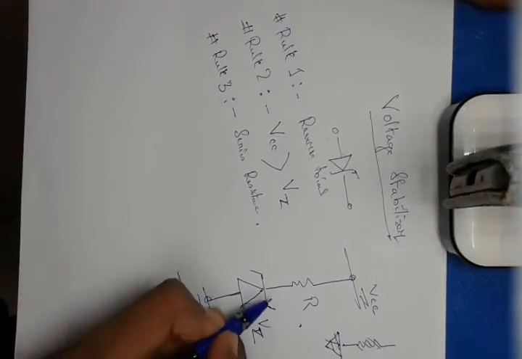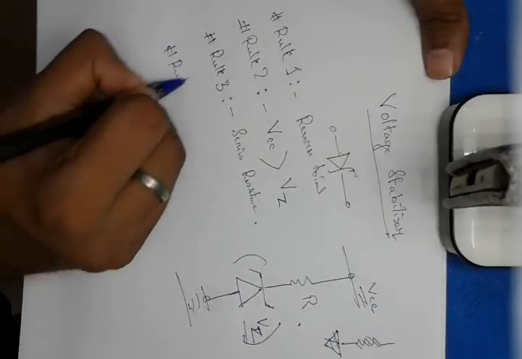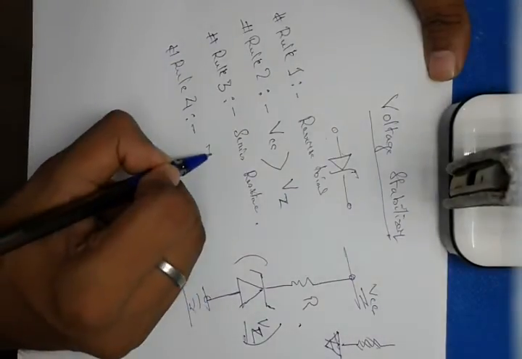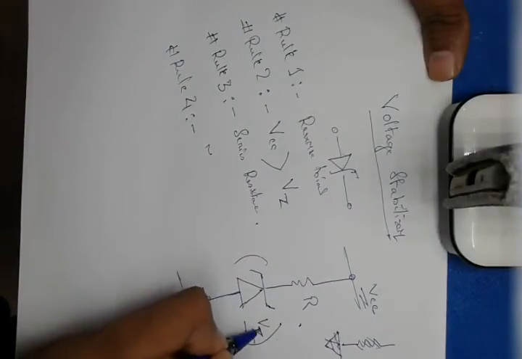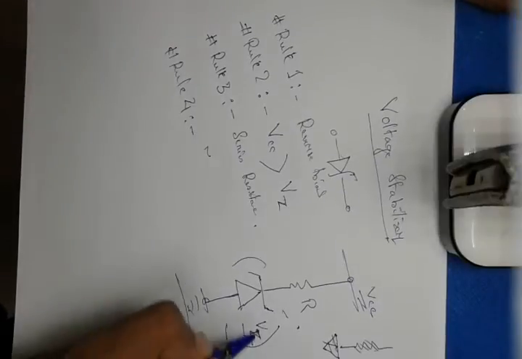Now rule number 4: whatever Vz is, that will be the voltage across the Zener diode.